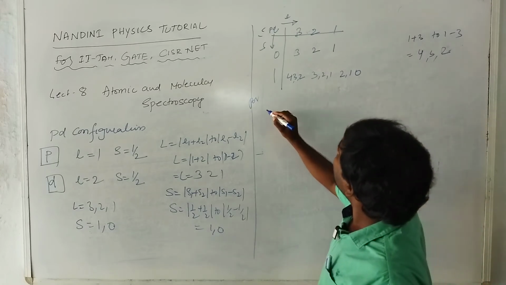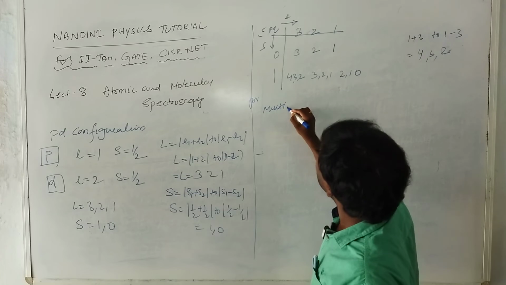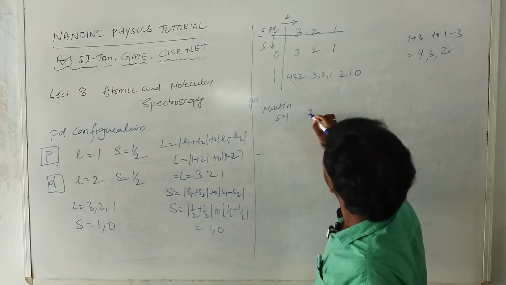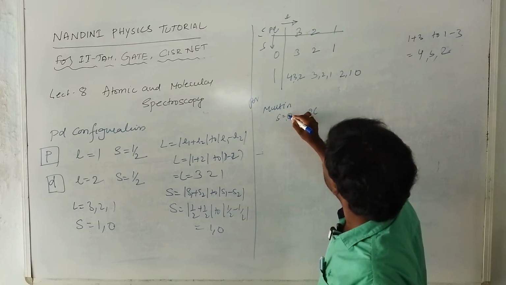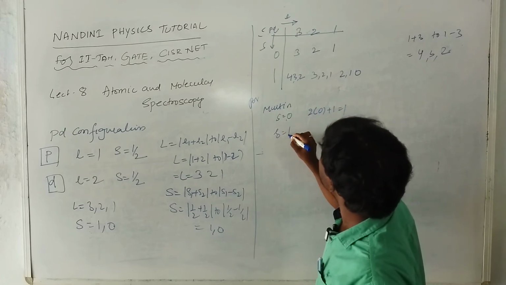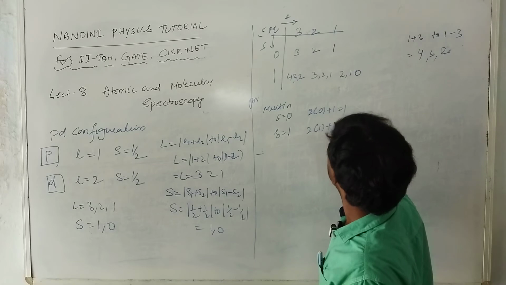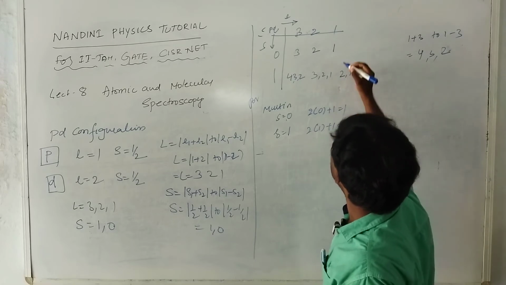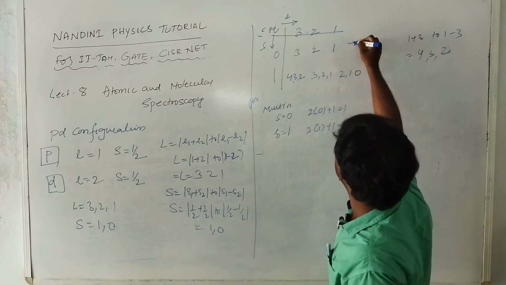Again, find the multiplicity. The multiplicity for S equal to 0 is 2 into 0 plus 1, which is equal to 1, and the multiplicity for S equal to 1 is 2 into 1 plus 1, which is nothing but 3. So right now this is the multiplicity, which we represent.